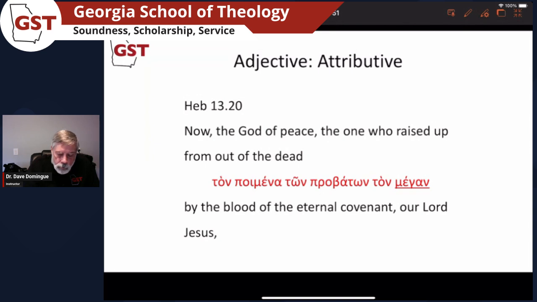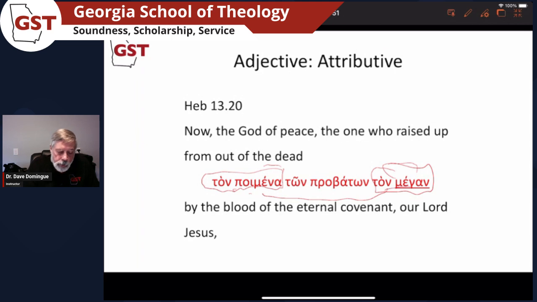All right. So ton megan has to modify ton poimena. So it is now the God of peace, the one who raised up from out of the dead, the great. So it's giving us an apposition, information about who is the one raised up from out of the dead.